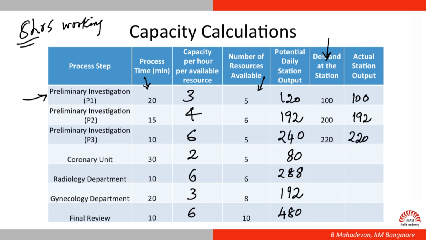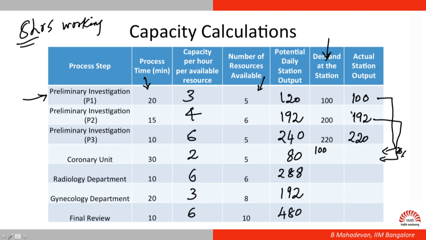Now, let us come to the fourth, coronary unit. If you may recall, type 1 patient directly goes to the coronary unit. So, the output from this will have to come here, which adds up to 100. Also remember that 20% of type 2 patient also is supposed to come to the coronary unit. So, we need to take 20% of this.